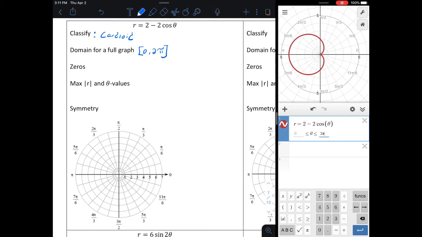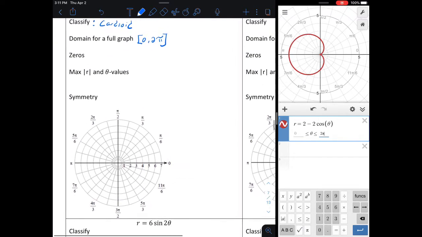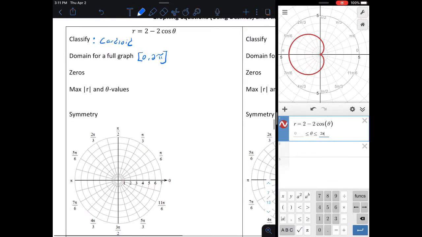Now, define my zeros. Technically, the zeros in this case are going to be when r is equal to 0. So when does r equal 0 on this graph? When does it intersect through the pole? By hand, I would make r equal to 0 and solve for theta.